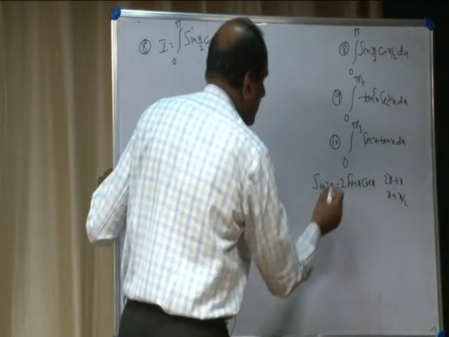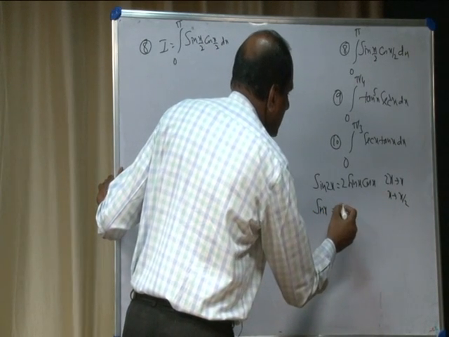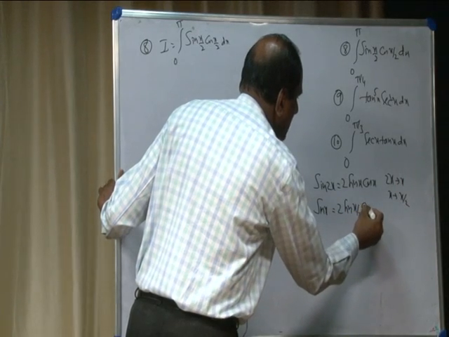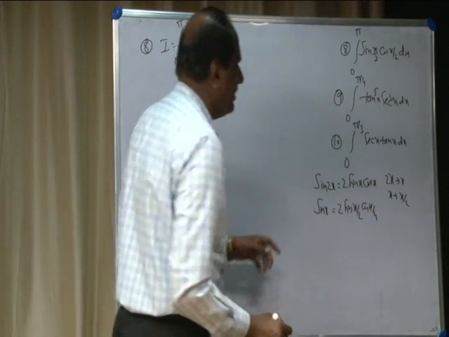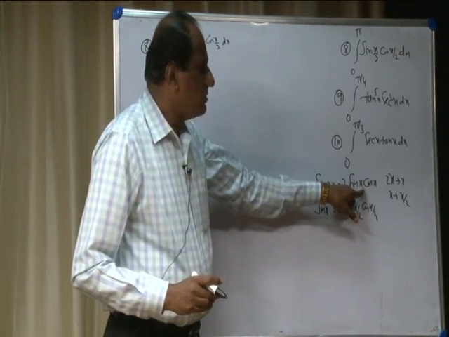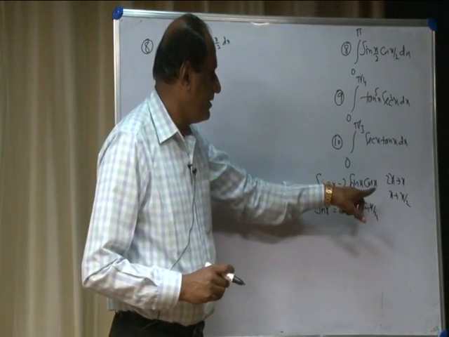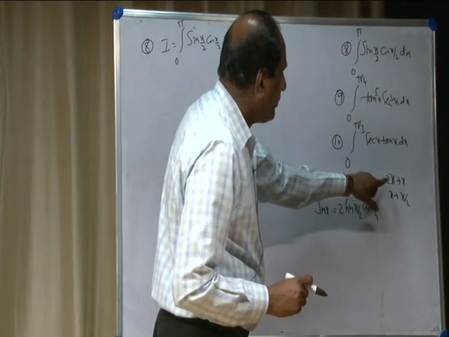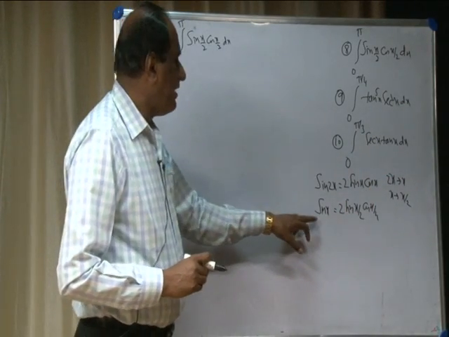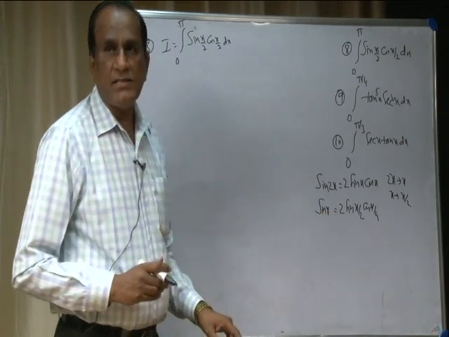So, replace 2x by x: sin x is equal to 2 sin of x by 2 cos of x by 2. See here, sin 2x is equal to 2 sin x cos x, multiple angle formula. In this formula, if you replace 2x by x and x by 2, I will be getting the half angle formula, that is sin x is equal to 2 sin x by 2 cos x by 2.